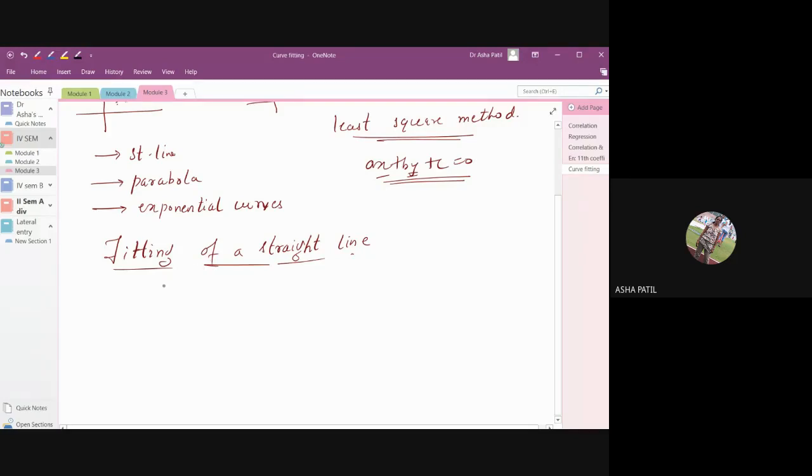Let us consider fitting of a straight line in the form y is equal to ax plus b. Mx plus c you told. So in that form only we are considering y is equal to ax plus b.